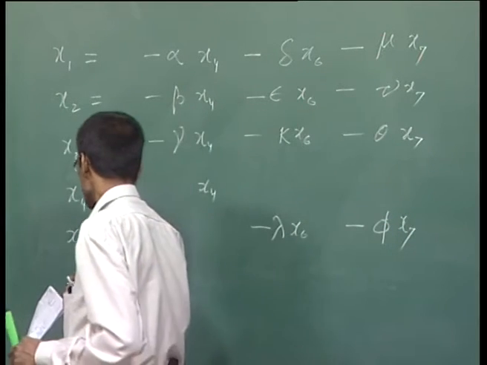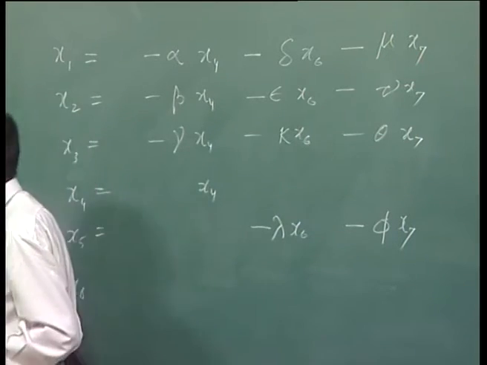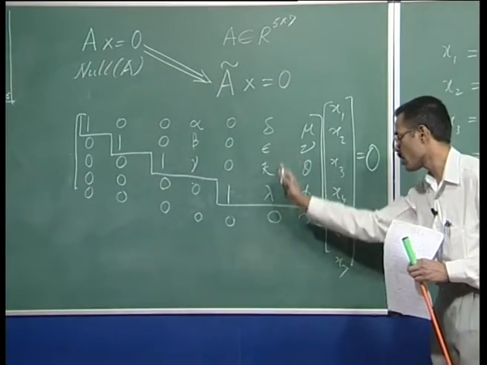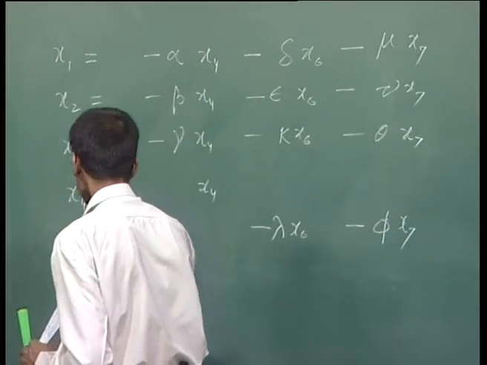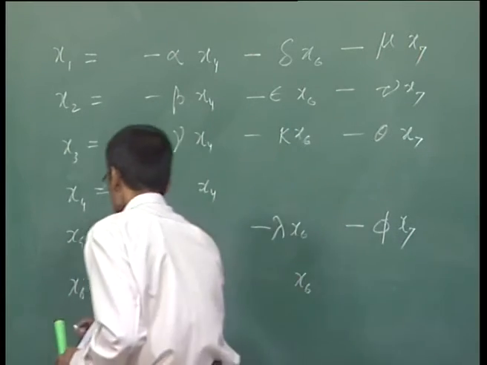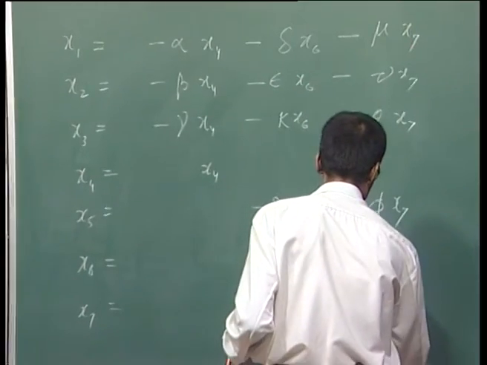Then x6 we do not have to write like that, because for the sixth column the leading one is missing. This column does not have a leading one. So, x6 we write as x6 only, x7 we write as x7 only.